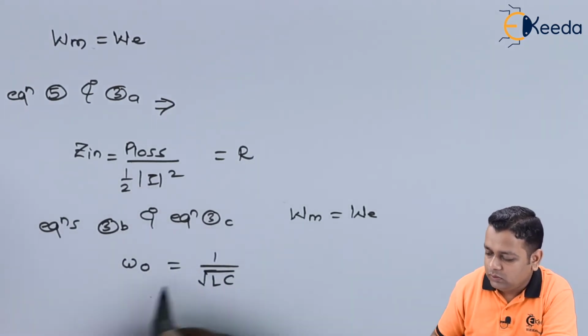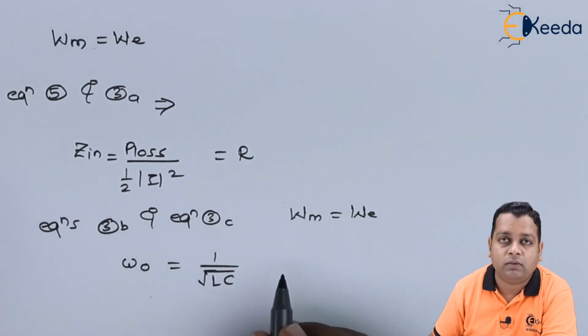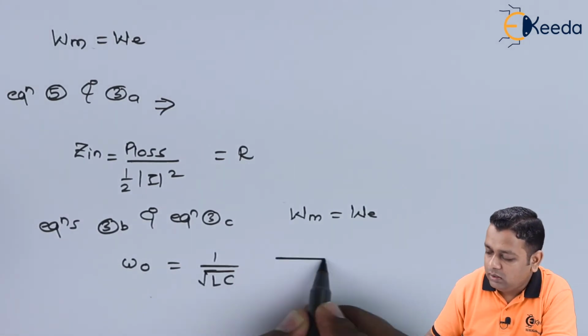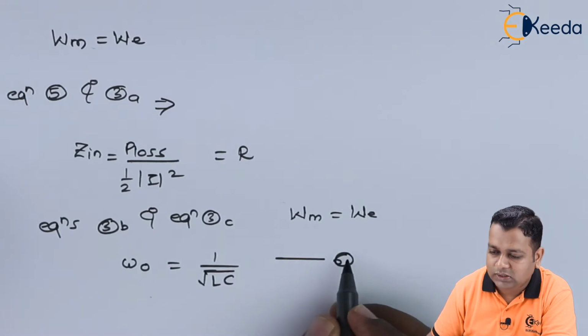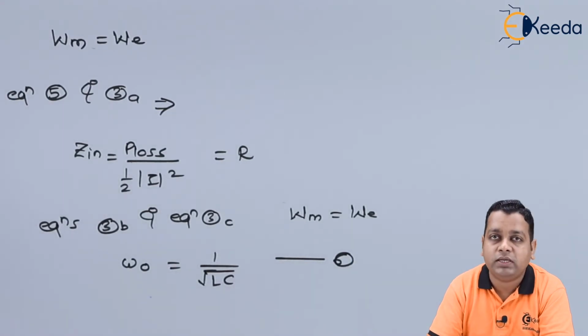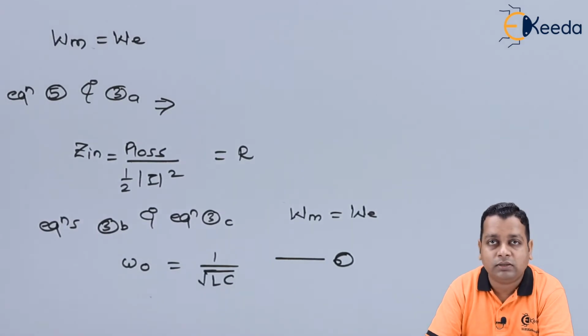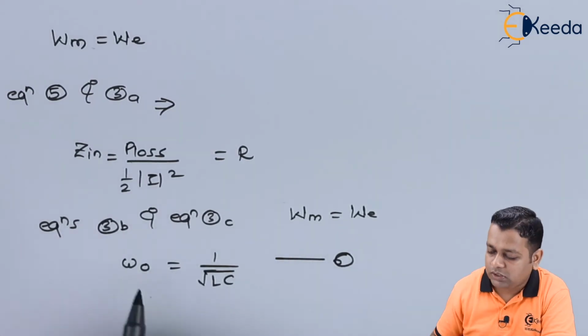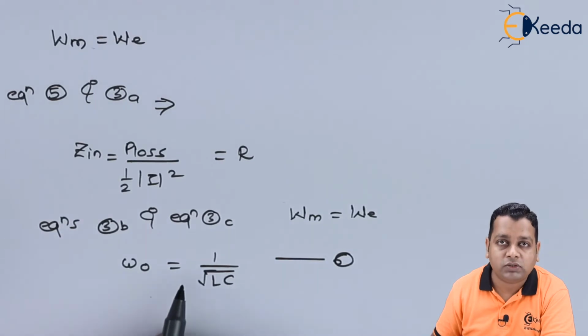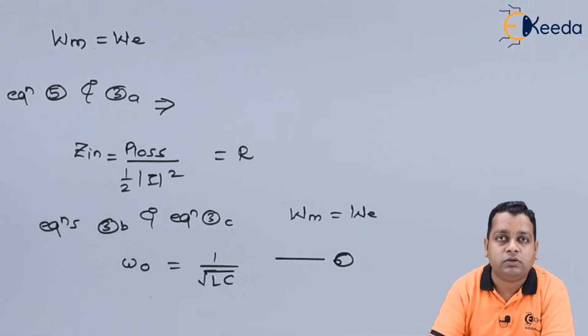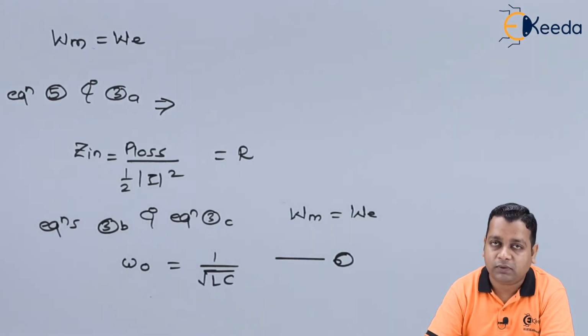This is the resonant frequency for the parallel resonant circuit, expressed by equation number 6, and it is very similar to the resonant frequency we obtained in the case of the series resonant circuit. For differentiation, the resonant frequency for the parallel resonant circuit is also referred to as the anti-resonance frequency.